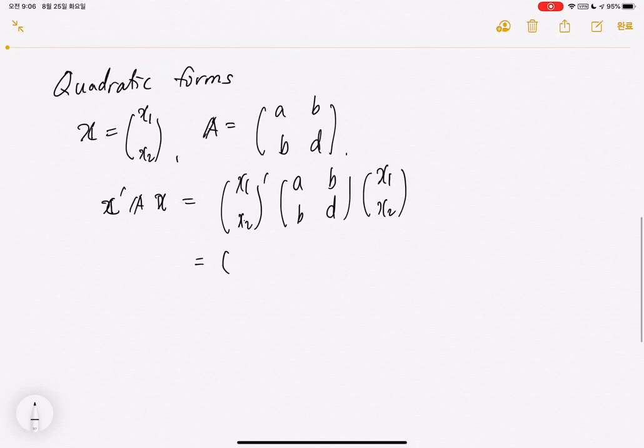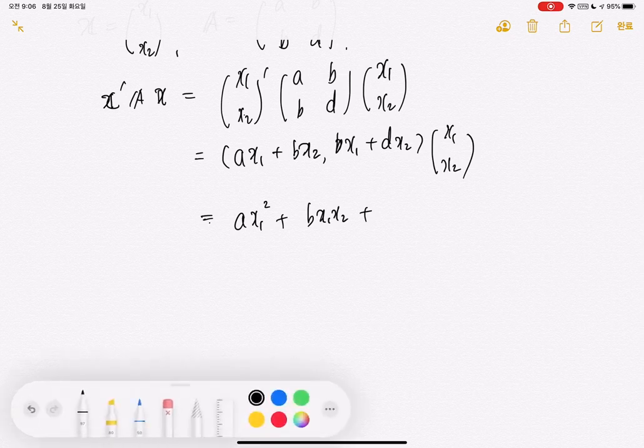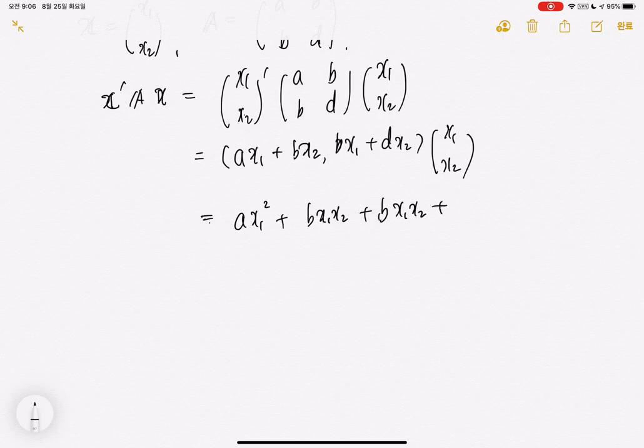Now this becomes A x1 plus B x2, comma, B x1 plus D x2, times x1, x2, which becomes A x1 squared plus B x1 x2 plus B x1 x2 plus D x2 squared, which is A x1 squared plus 2B x1 x2 plus D x2 squared.